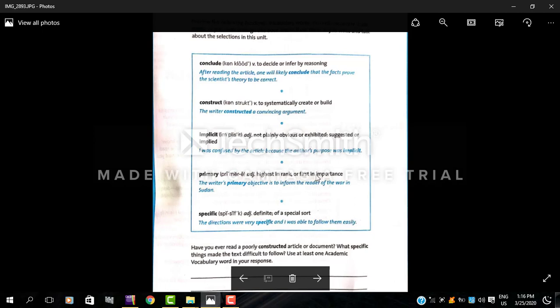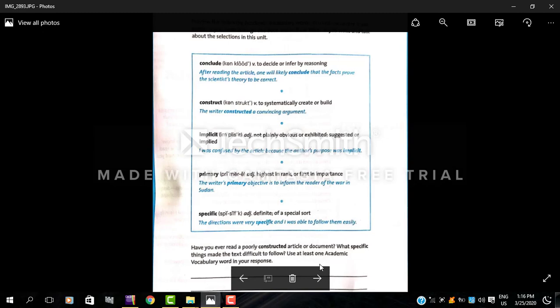So primary means very important or first in importance. Specific. Specific means definite with one word, or special, or particular. You can write particular if you wish. The directions were very specific and I was able to follow them easily. So specific means definite or particular, special.